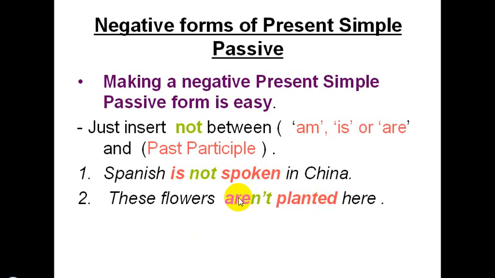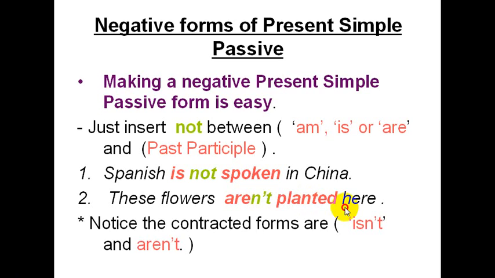Yes, these flowers aren't planted here. Notice the contracted forms isn't and aren't. Contracted here, this word in Arabic, it means الشكل المختصر.